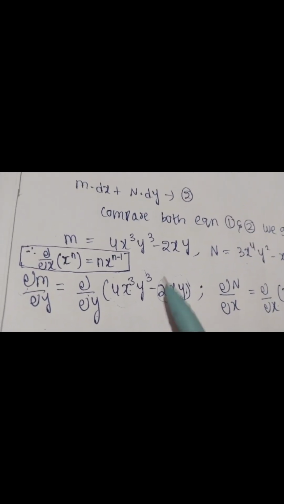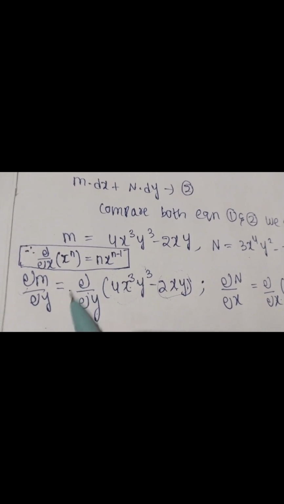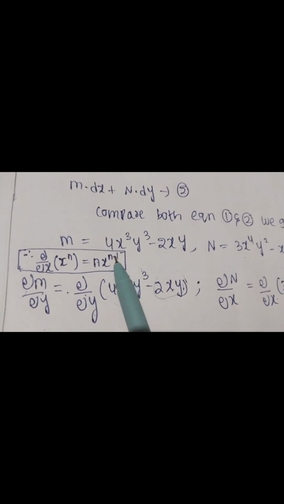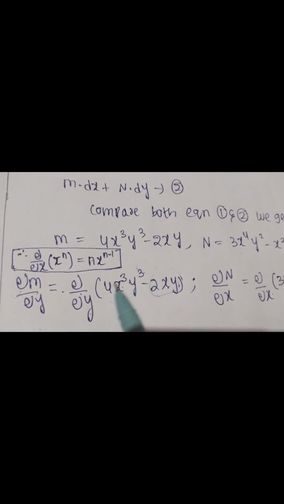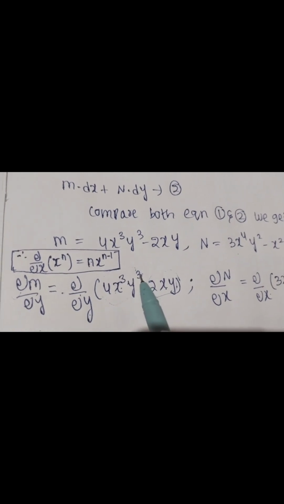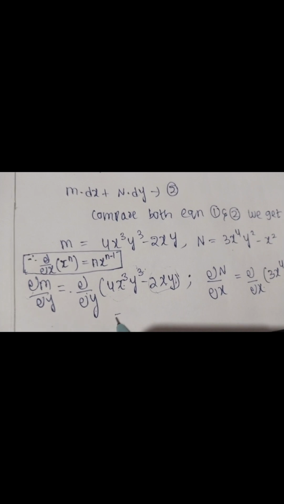So now let's keep this term in front and do dou by dou y of y cube, which is n x to the power of n minus 1. So 3 will come here and multiply with this 4, which becomes 12 x cube y square, as n minus 1 is 3 minus 1, that is 2. So this becomes 12 x cube y square.